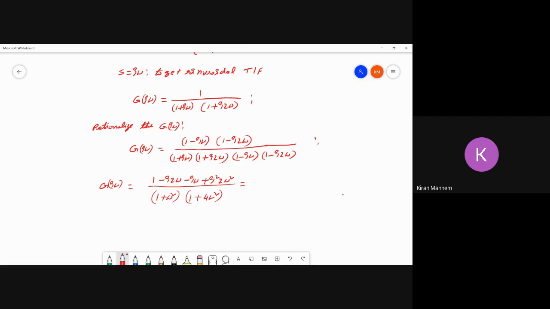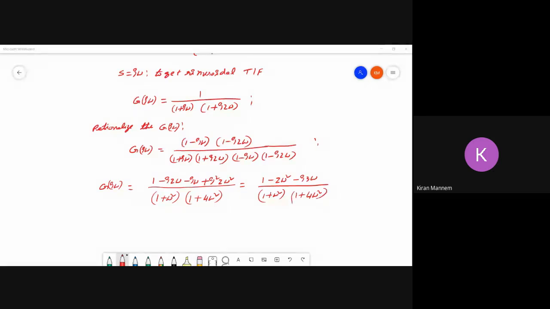So the numerator is 1 - 2 omega squared - j3 omega, divided by (1 + omega squared)(1 + 4 omega squared).